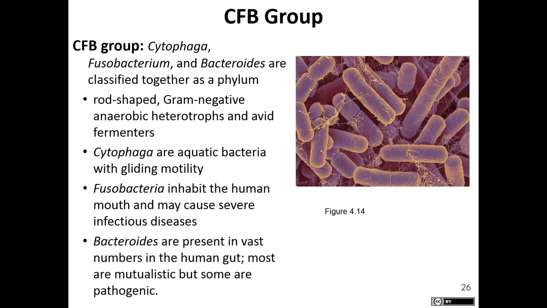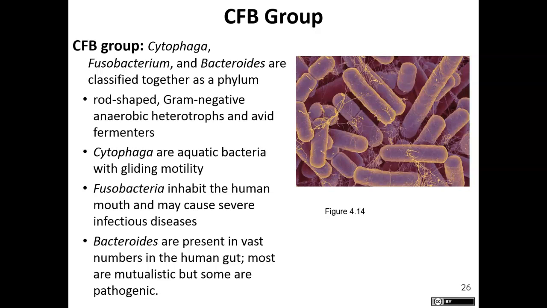And then we have the bacteroides. These are the most common gut bacteria that we have, and in general they are very beneficial to our guts. They make up about 30% of all the bacteria in our gut, so they are definitely the most common, and they keep pathogens from being able to inhabit the gut.